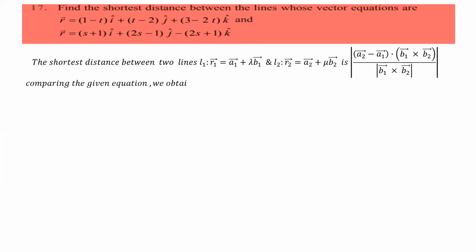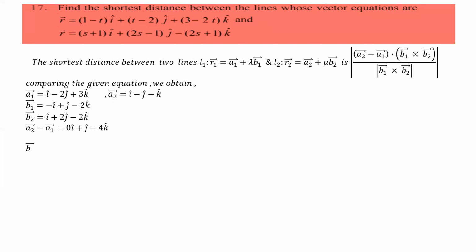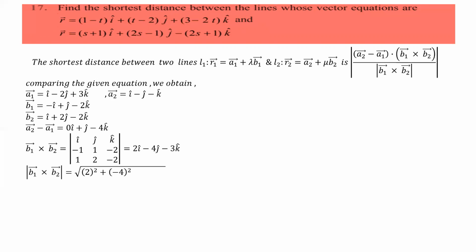And then compare the equation with the given formula and rewrite the vectors a1, vector b1, vector a2 and vector b2. Then find the numerator value and the denominator value and put the values into the formula and find the shortest distance between these two lines.